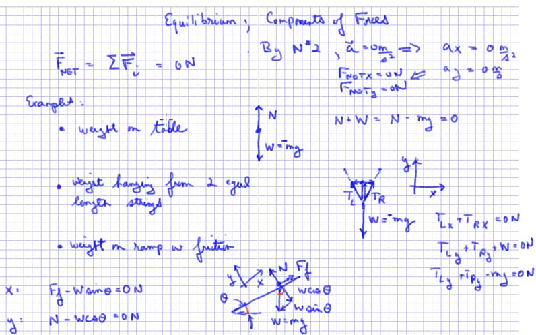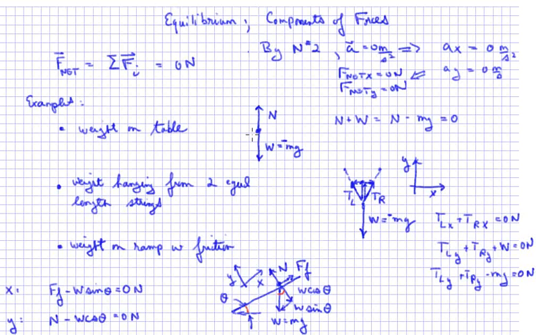First example, consider a weight sitting on a table. There are two forces acting on the weight. The downward weight, which you see with the downward arrow, W is equal to minus mg, and then an upward normal force acting.